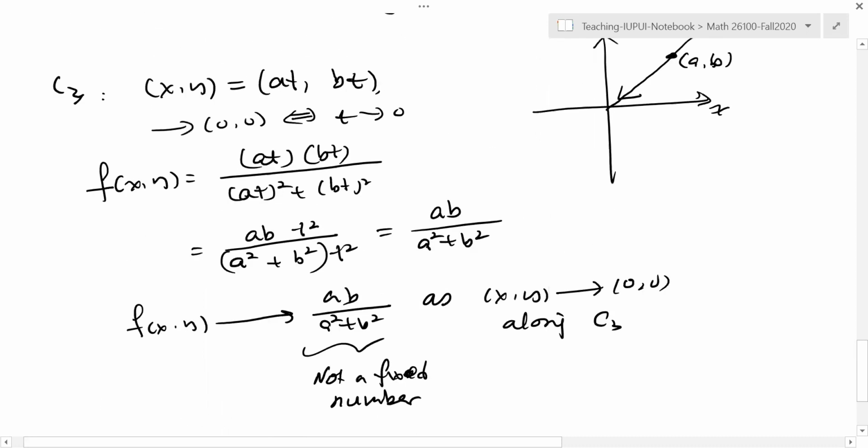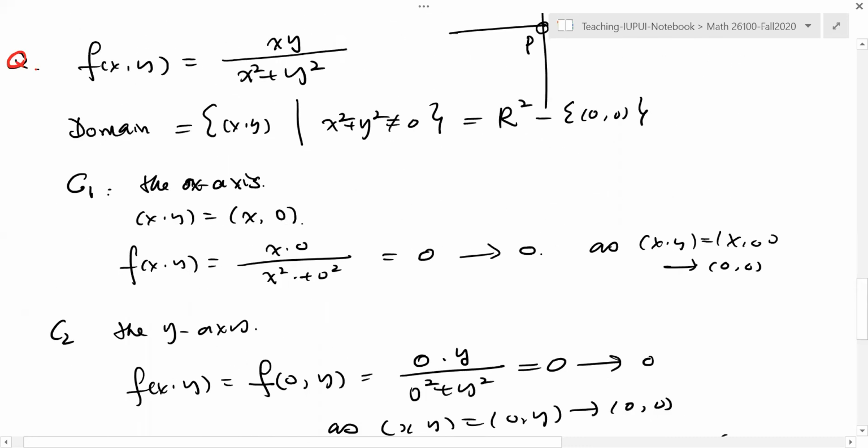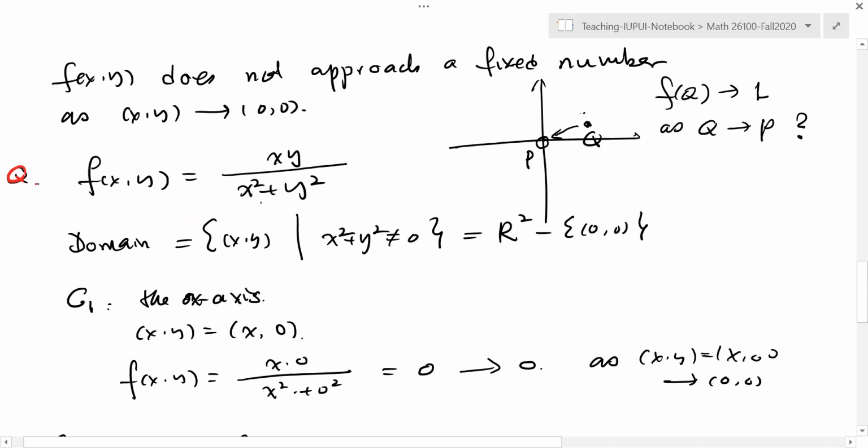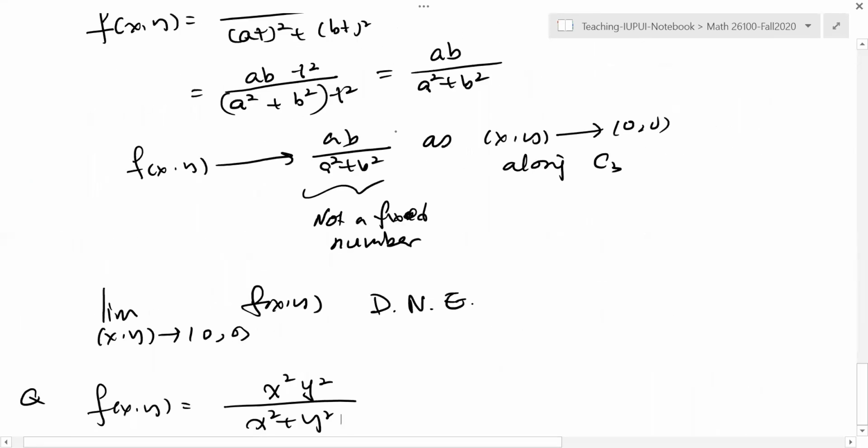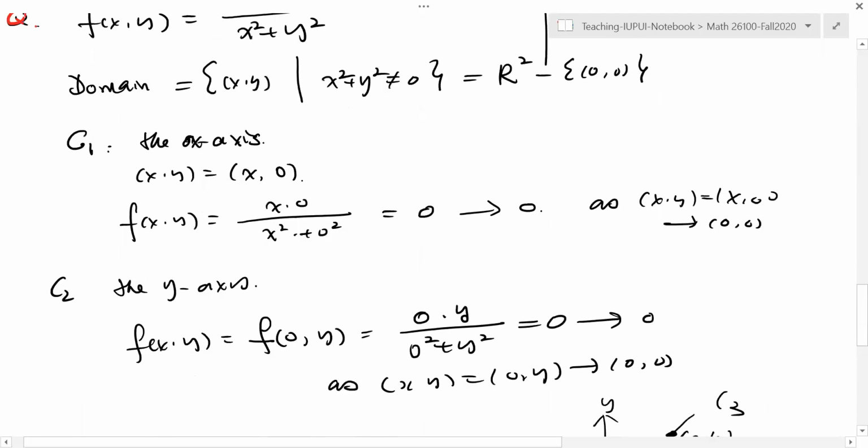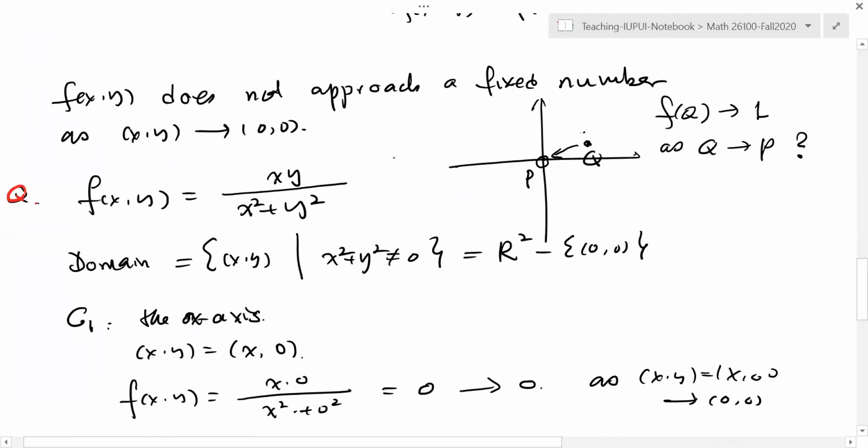See, this one, x times y over x squared plus y squared. The degree of x times y is going to be 2, the degree of the polynomial. So let me put a note here. Degree of the polynomial is 2.